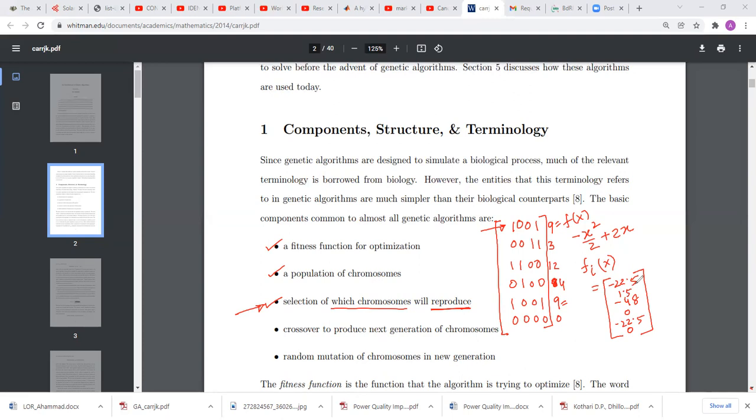Okay, so now you see we have very interesting values here. Some values are positive, some values are 0, some values are negative. We haven't mentioned actually our target. In general, genetic algorithms are used for maximization problems, but it doesn't mean that it cannot be used for minimization problems. The slogan is survival of the fittest.